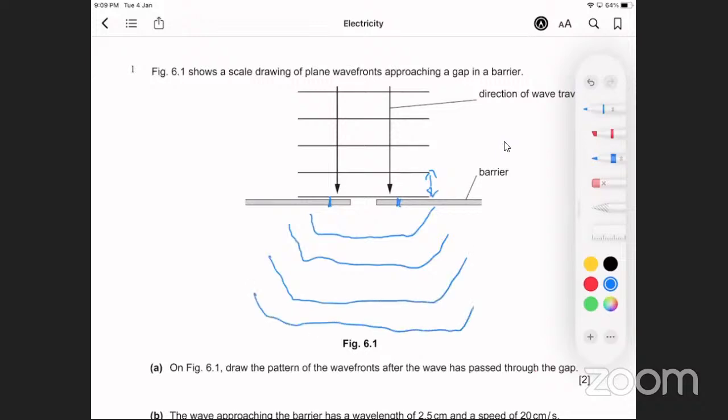Try and see that when the gap is small, there's more interference from the edge of your gap. When it's bigger, there's less interference of the wave, so it becomes more straight. Can you see that? I hope that makes sense. If you do that, you get your 2 marks.